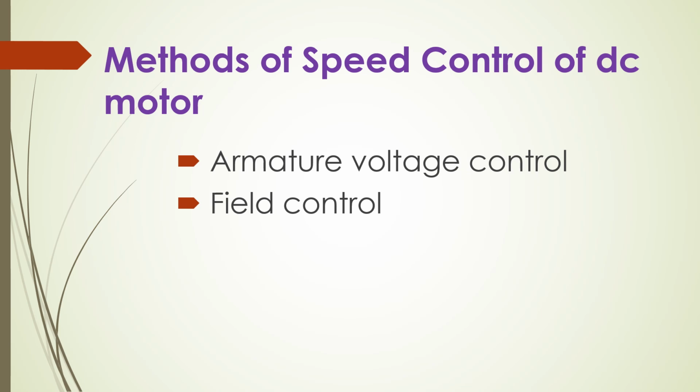Now, generally, whatever may be the type of motor, we opt two different methods of speed control. One is armature voltage control, the other one is the field current control method.